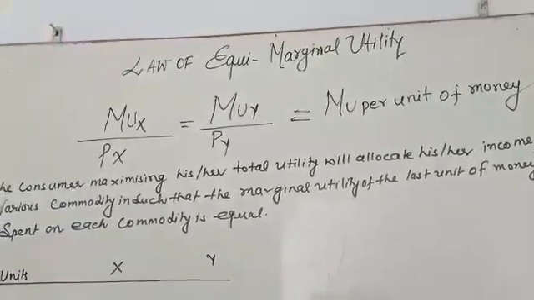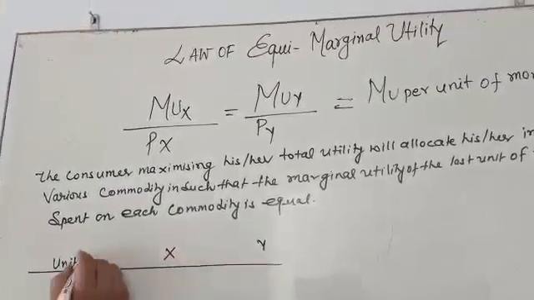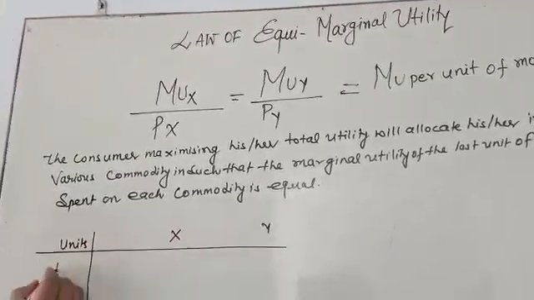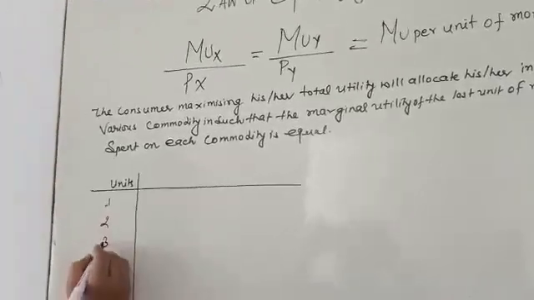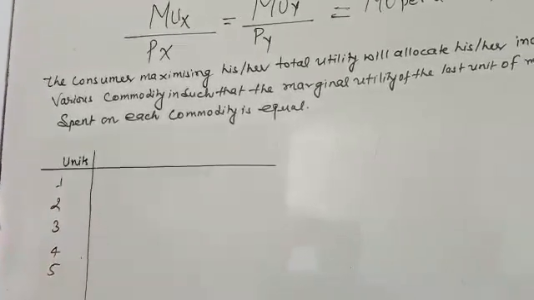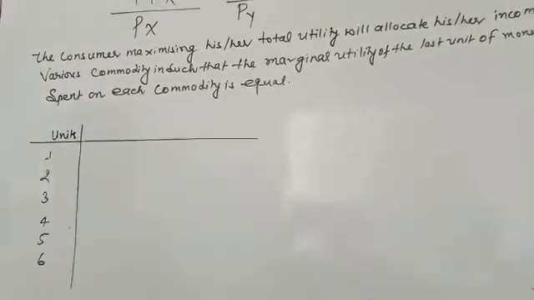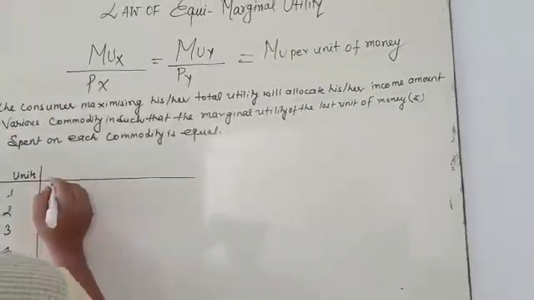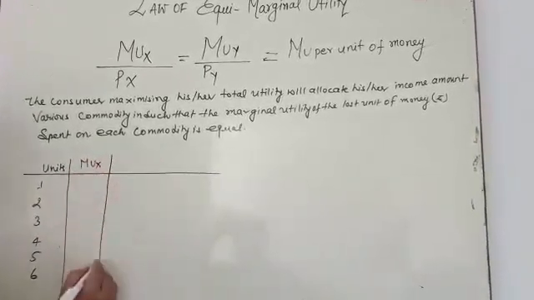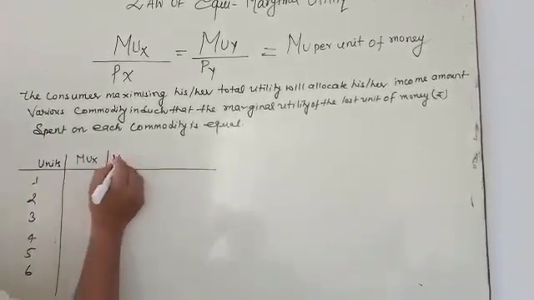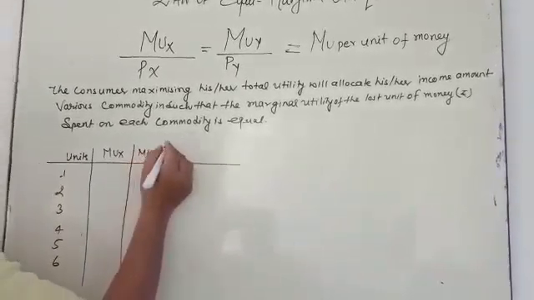In these units, I am going to take simply 1, 2, 3, 4, 5, 6. So these are the units. So I am going to find out MUX of 1, MUY.